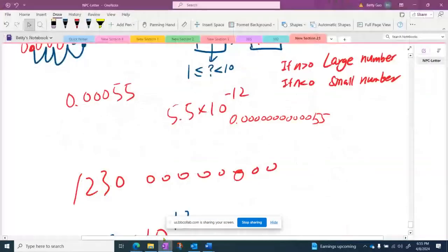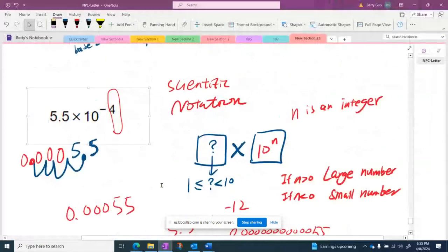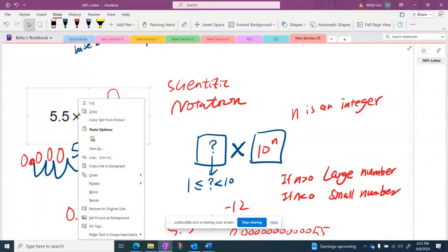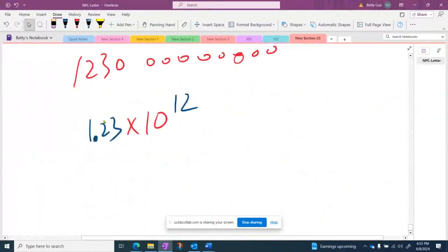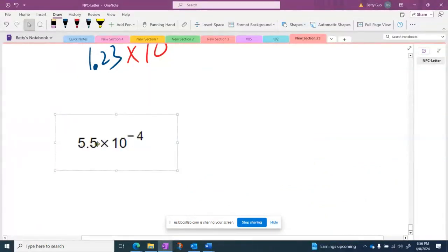Okay, perfect. And before we keep going, I want to explain another way to handle this problem. Let me just elaborate a little bit more. This is an exponential expression, right? So it's 5.5 times 10 to the power of negative 4. You also could just use your calculator.